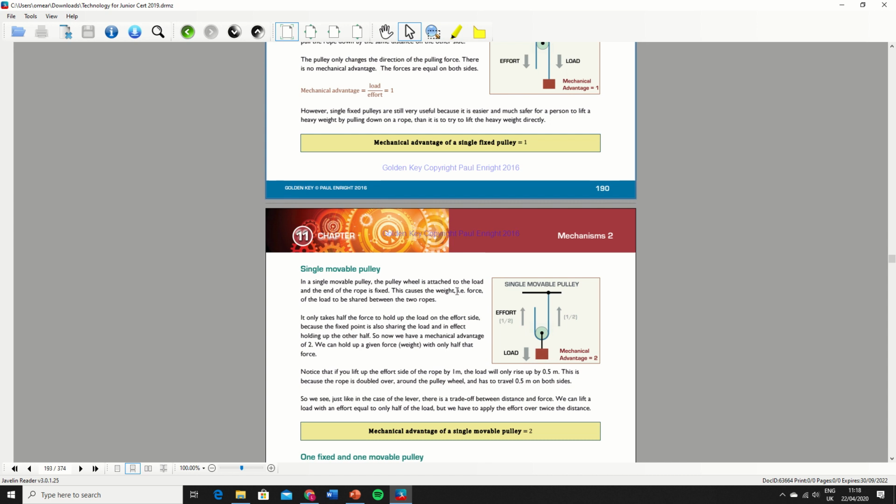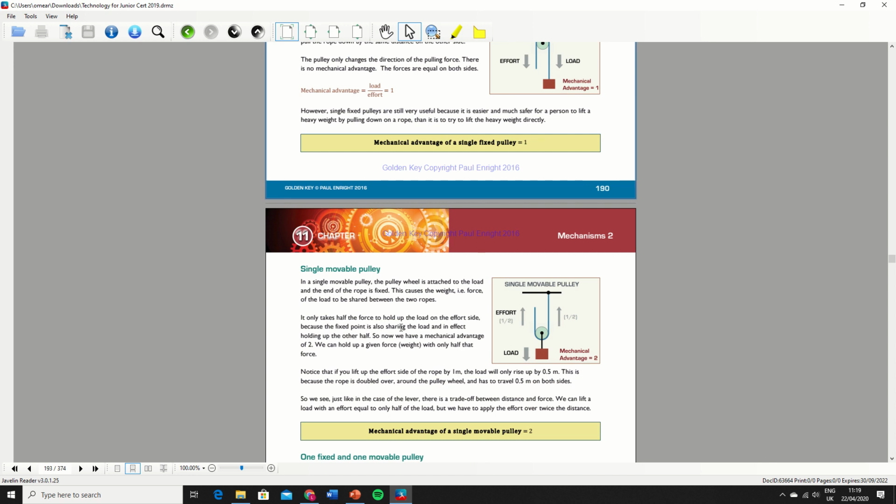This causes the weight, i.e. the force of the load, to be shared between 2 ropes. So it's shared between this rope and this rope here. If it's shared between 2 ropes, it only takes half the force to hold up the load on the other side, because already half of it's been held up by this here.